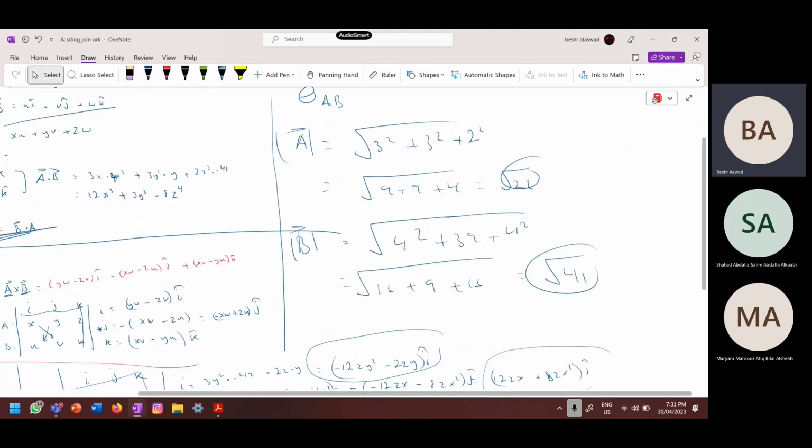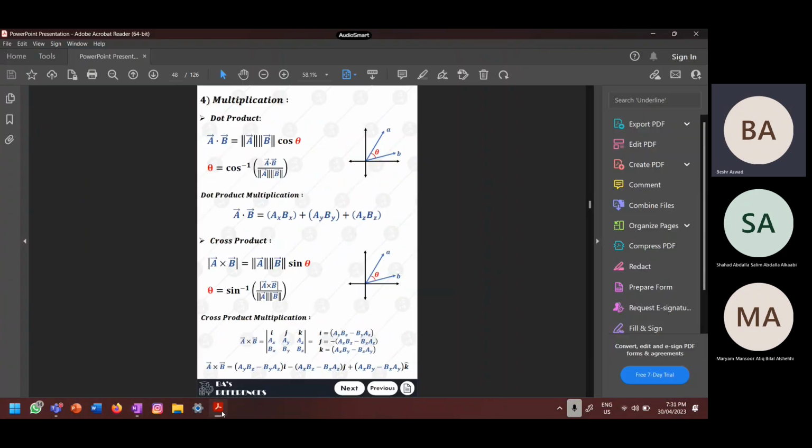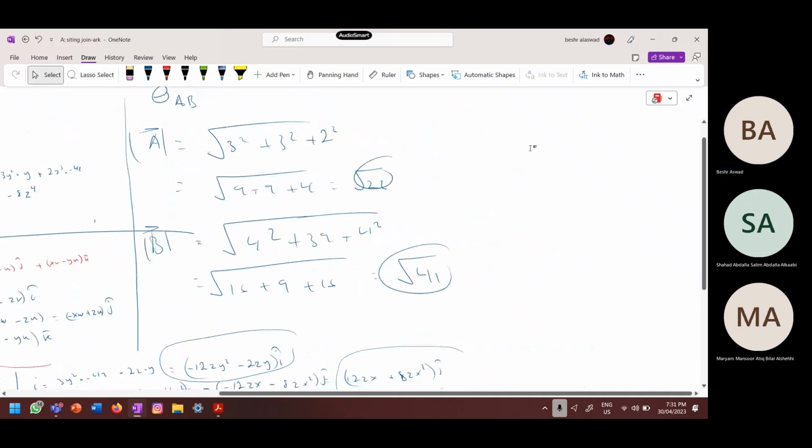Now you need to apply this equation: A dot B is equal to the multiplication of both magnitudes with the cosine of theta.